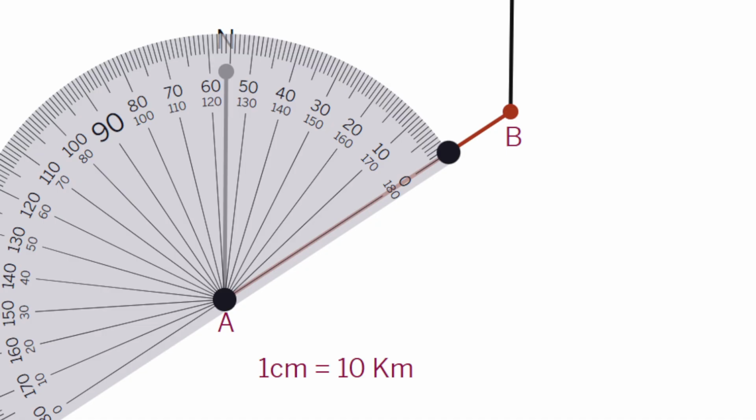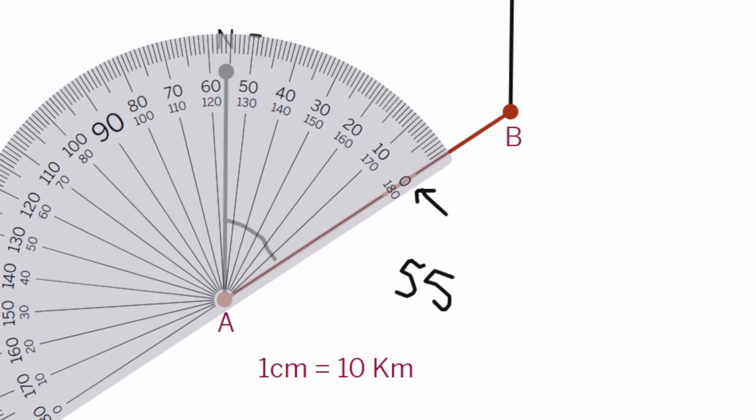And then measure this angle. If this is 0, the 0 is on the outside, so we look at the numbers outside: 10, 20, 30, 50, and I think this is 55 degrees, because this is 50, and then this is 55. That's very good. So the bearing is 55.